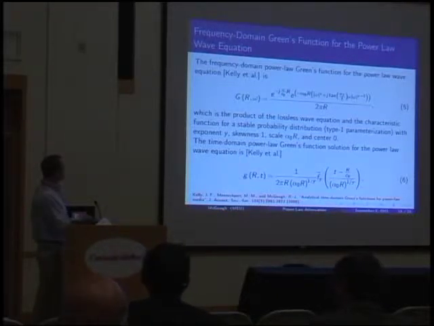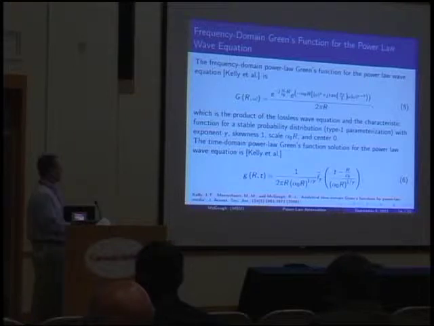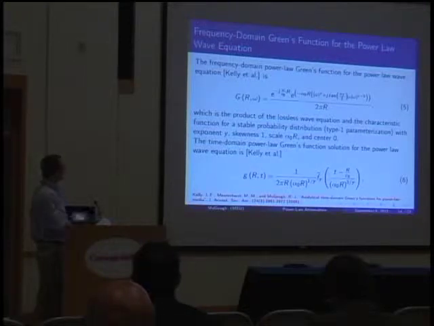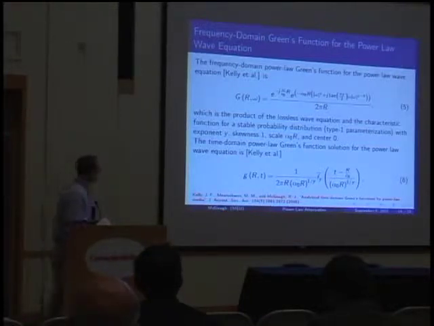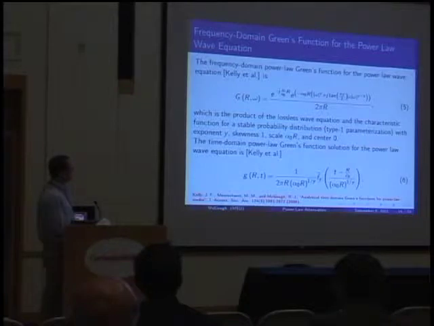And when we evaluate the inverse Fourier transform of this expression, we get a Green's function in the time domain, which is, we see the scale factor 1 over 2 pi r that comes from the Green's function, and then the remaining terms are scaled and translated versions of this stable PDF.